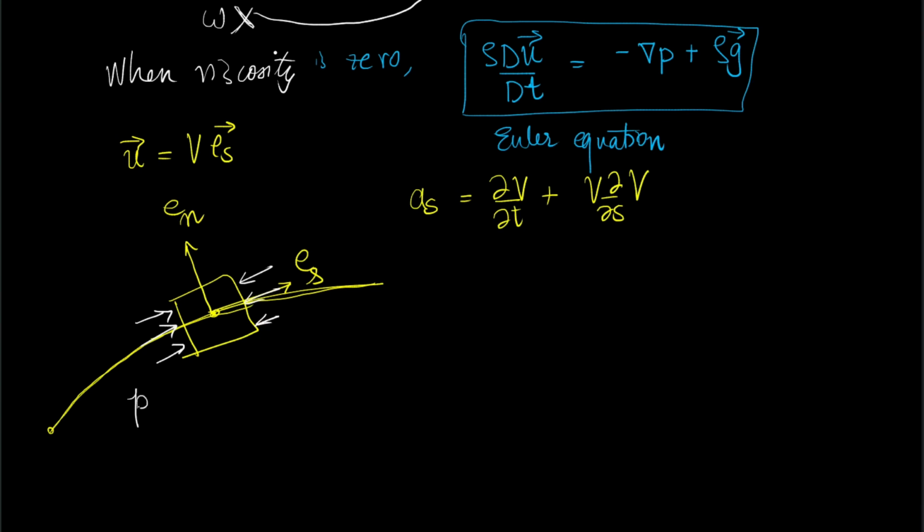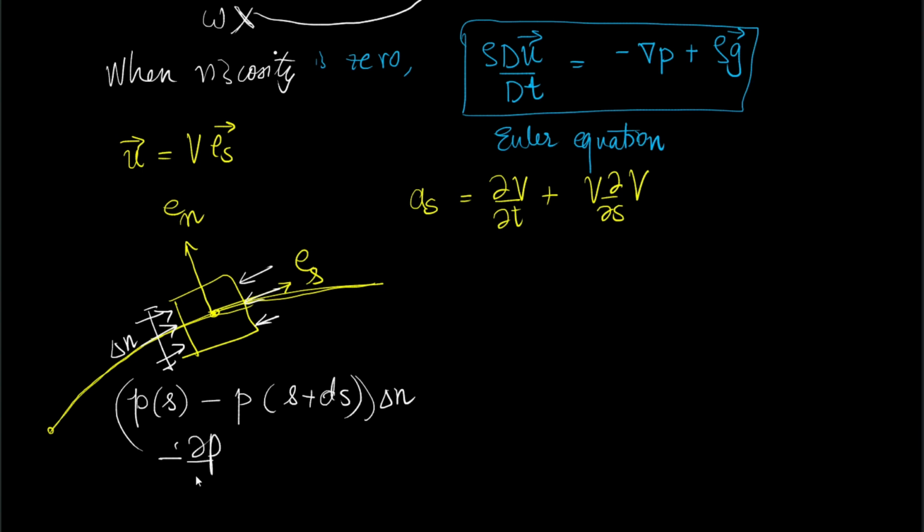So it is P at some location S minus P at S plus dS, times the area. So the area will be equal to, say, delta n. Let us say that there is a unit width into the plane. So this times delta n. So it will be minus del P del S delta S times delta n. So this is the force in the S direction.